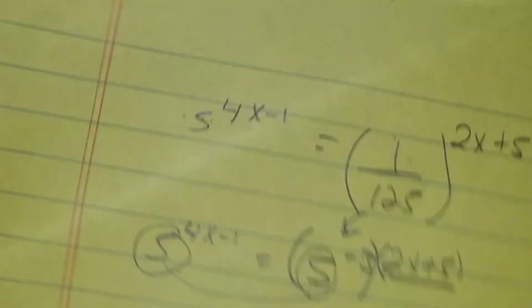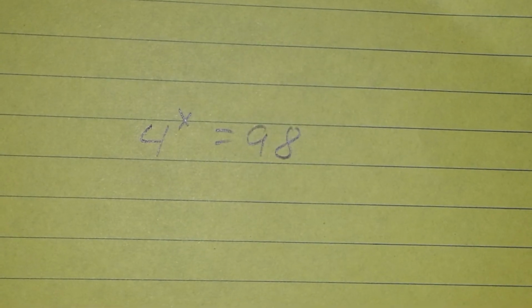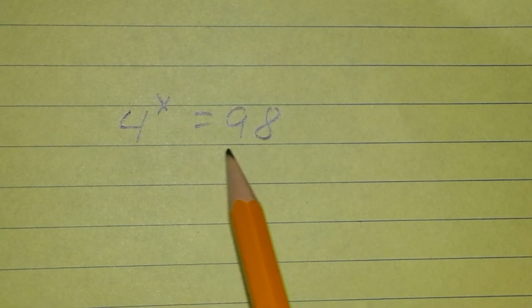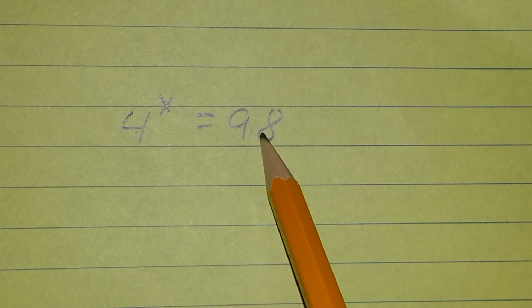We're going to solve this using logarithms. Let's do a basic problem: 4 to the x power equals 98. I can't recreate like bases, because 4 does not go into 98 evenly.